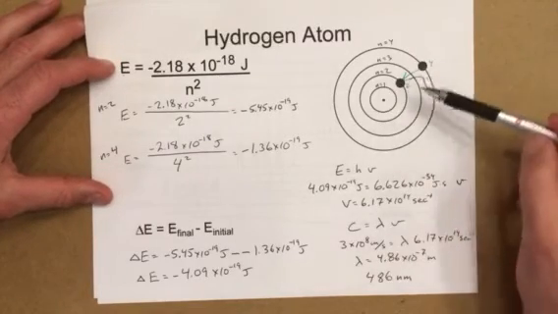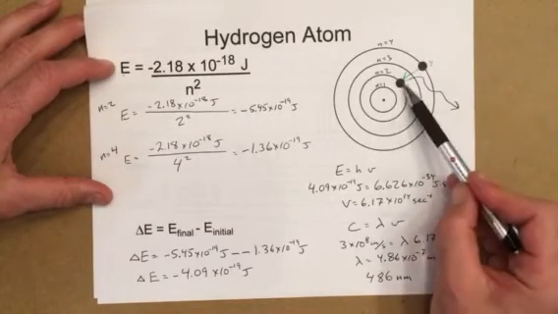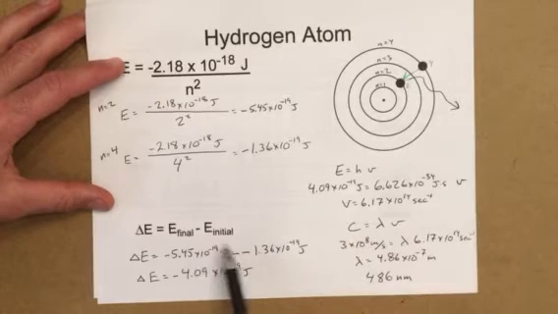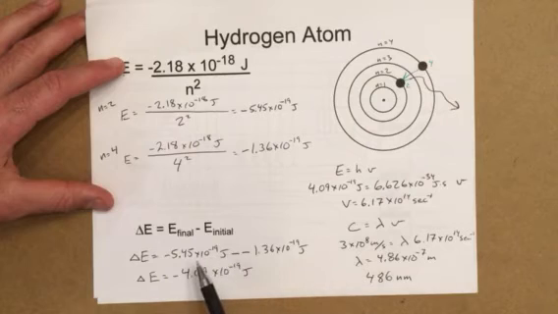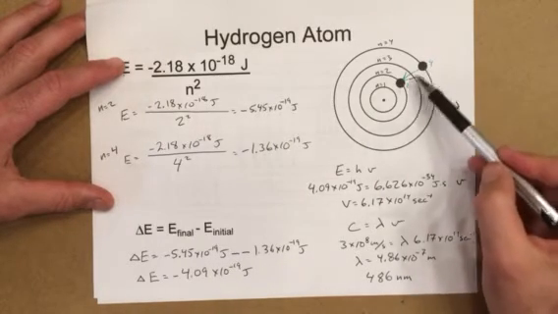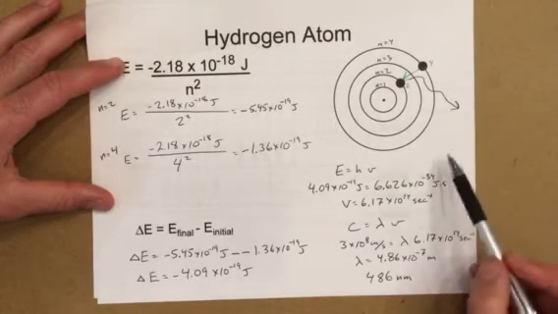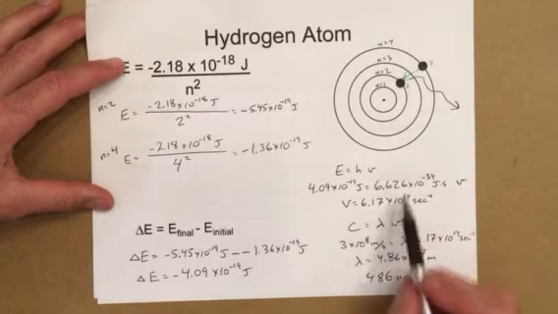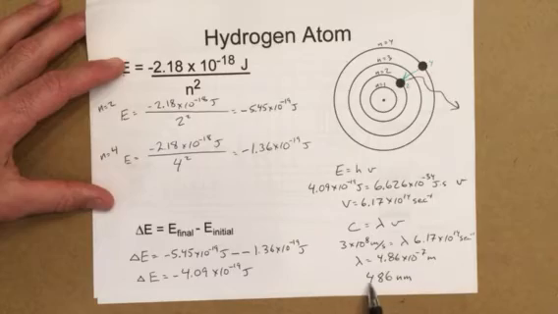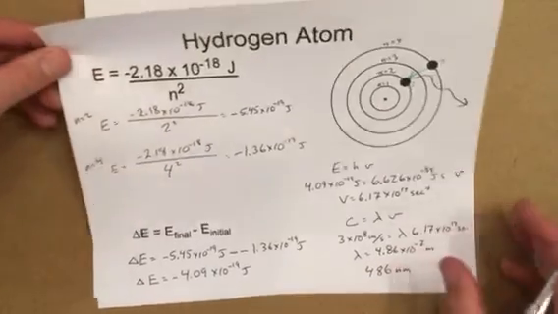So we calculated how much energy it had at the 4th, how much energy it had at the 2nd. We took the difference between those two, and that amount of energy, energy can't be created or destroyed, so it has to be released as it moves from the 4th energy to the 2nd energy level. And that amount of energy corresponds with the wavelength of light, 486 nanometers, which we would perceive as being kind of a greenish color.